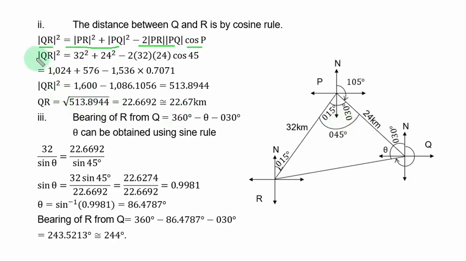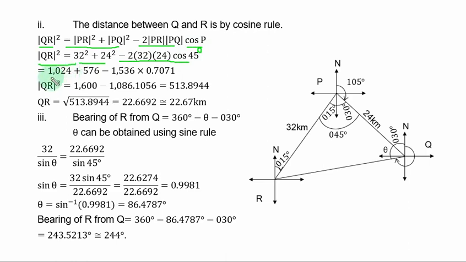So you have QR squared is equal to 32 squared plus 24 squared minus 2 times 32 times 24 times cos 45 degrees.